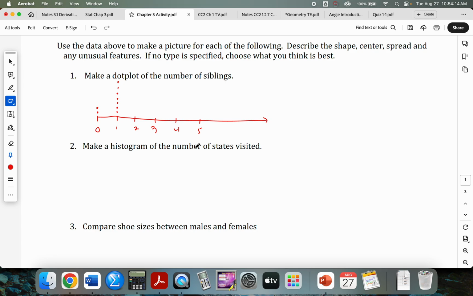How many had 2? 3? Yes. And 3? 4? 1. And 5. 1.